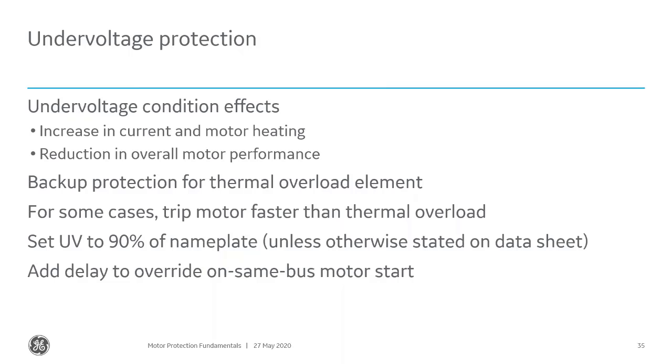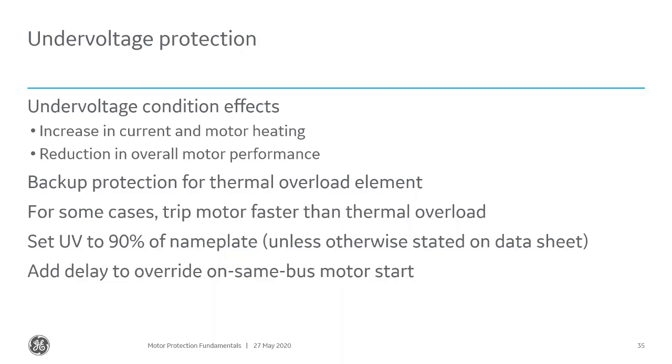So it serves as a backup protection for the motor thermal model, mainly because it can be set to trip faster than the thermal overload. So typically, you can set this to about 90% of nameplate.